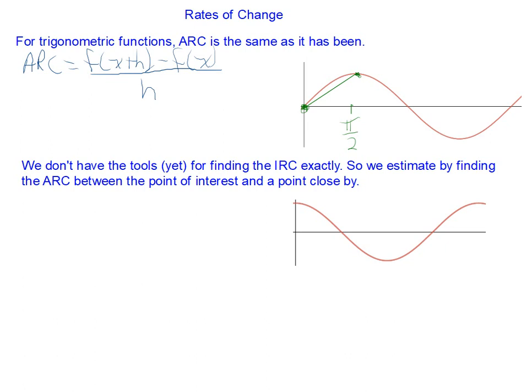Just a reminder too that another way we can do this, the average rate of change is just the slope of the line connecting those 2 points. We could find the two y values and find their difference. Sorry, should be a 1. So y2 minus y1 over the difference in the x value, so x2 minus x1. So again, all of that's still going to work. Everything that we've talked about finding average rate of change stays the same.